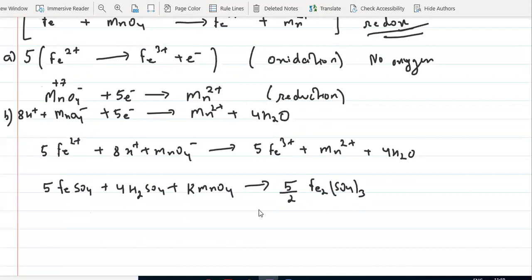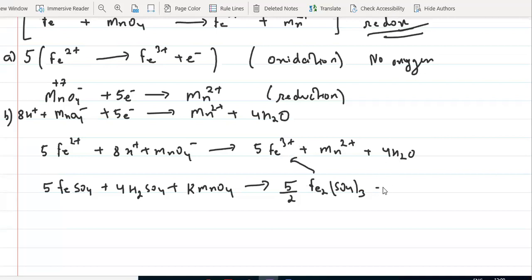Yes or no, guys? Because this will give you 5 Fe3 plus. Got it, everyone? Why is it 5 by 2? Because one molecule of Fe2(SO4)3 will give 2 Fe3 plus. Ultimately, you should get only 5 Fe3 plus.